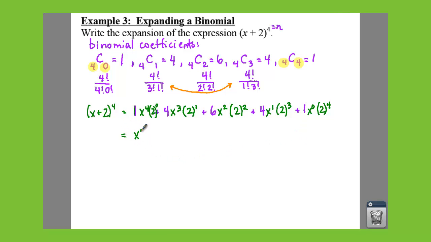So let's simplify this all out, and you're going to end up with x to the fourth plus, well, 4 times 2 is 8, so you have 8x to the third, plus we have a 2 squared, which is 4, times 6 is 24x squared, plus now we have a 2 to the third, which is 8, times 4 is 32x to the first, plus 1, well, this x to the 0 basically cancels out, right? If you have anything to the 0 power, that just cancels out, plus 2 to the fourth, which is going to give you a 16.